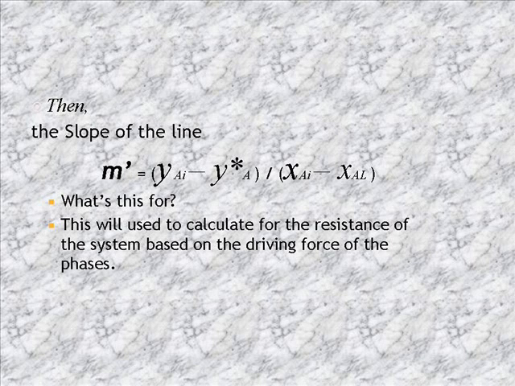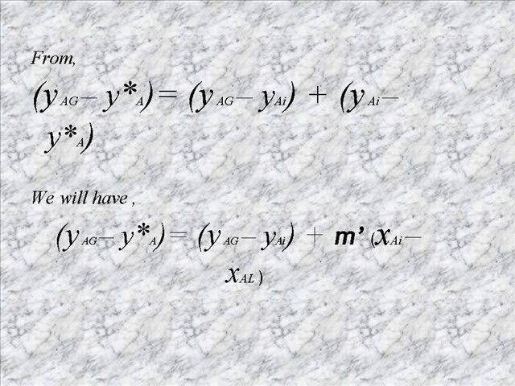From the equation used with mathematical property, we will have YAG minus Y asterisk A equal to YAG minus YAI plus M prime times XAI minus XAL, which is in the form of the linear equation Y equals MX plus B. Defining the Y equals MX plus B equation in terms of K prime, we shall have this equation in the bottom.